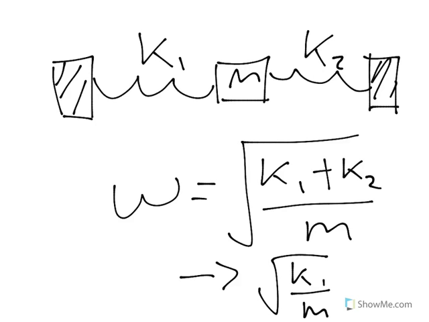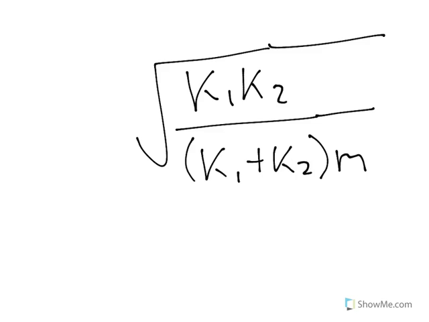If instead we had, say, this as our expression that we've remembered it to be, then let's try it again. Let's imagine that K2, the spring, doesn't actually exist, and make it tend to 0. Well, now if we make K2 tend to 0, then it makes the entire term go to 0. And that's not what we expect. We want it to behave like a single spring.